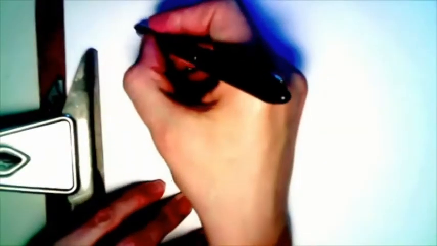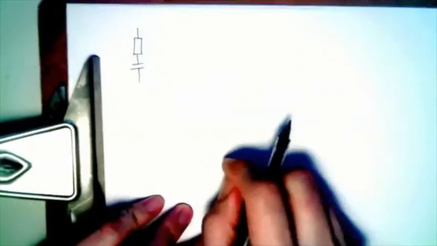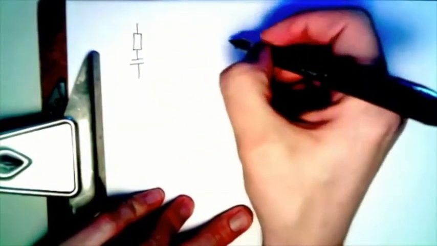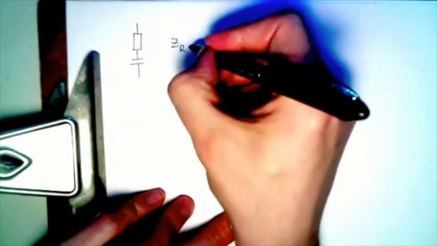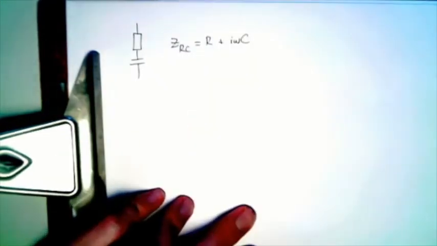Let's say we have a resistor and a capacitor, then we know that the total impedance, Z of RC, is going to be R plus i omega C.